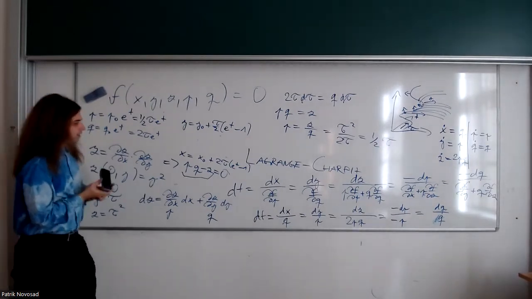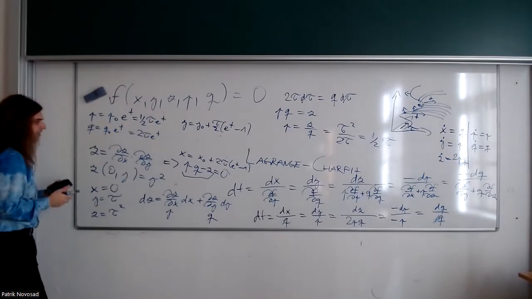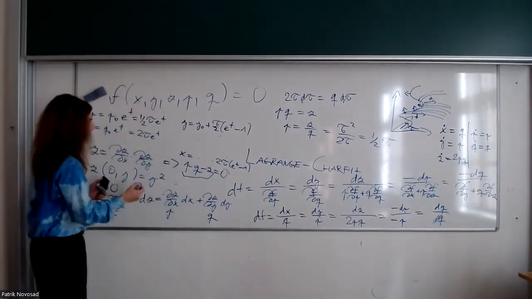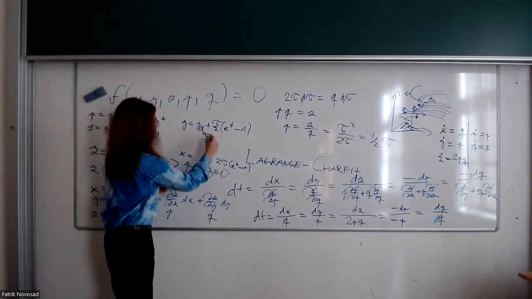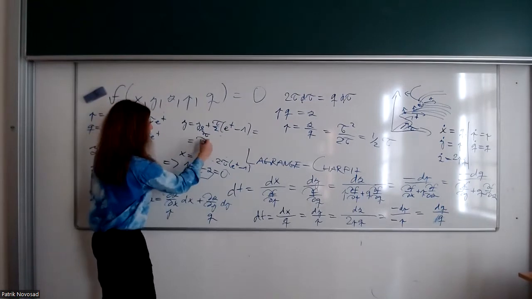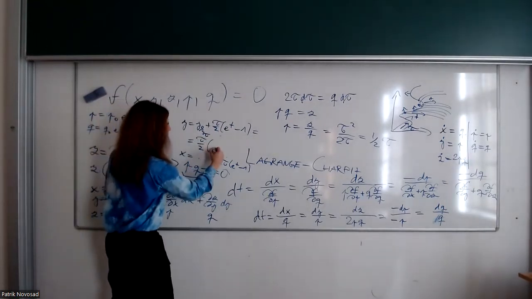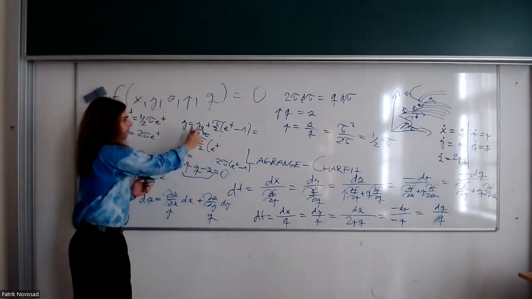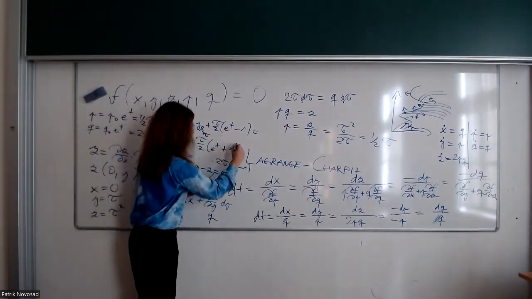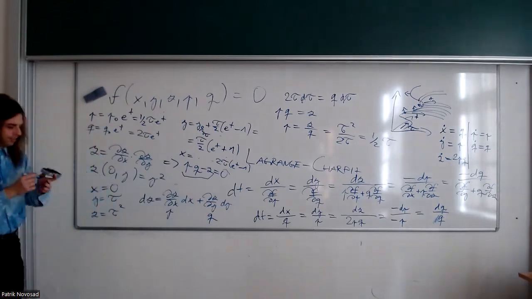Exactly. So x0 was 0, so we can just remove it, and y0 was a tau. So this is tau, and because of that, we could write it as a tau half e to the t, and now there is plus 2 going into that bracket, so we are plus 1 at the end.